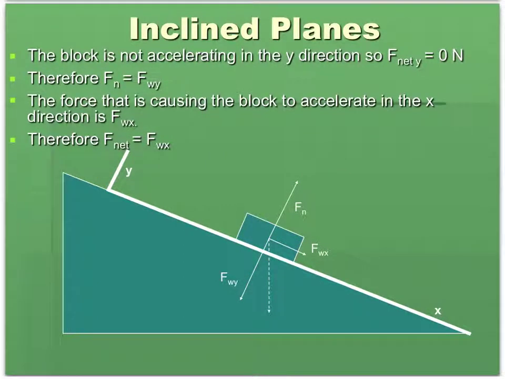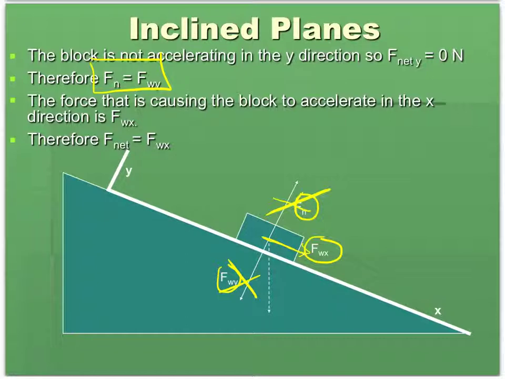Alright, when we look at this problem, we know that the block is not accelerating in the y direction at all, and what that tells us is that our normal force and the y component of its weight have to be equal and opposite to each other. And because those two things are equal and opposite, they're going to cancel each other out. So now the only force that we have acting on that block is our FWX.